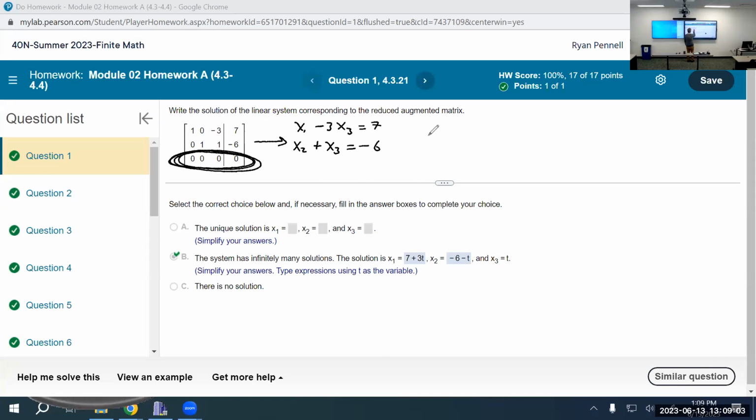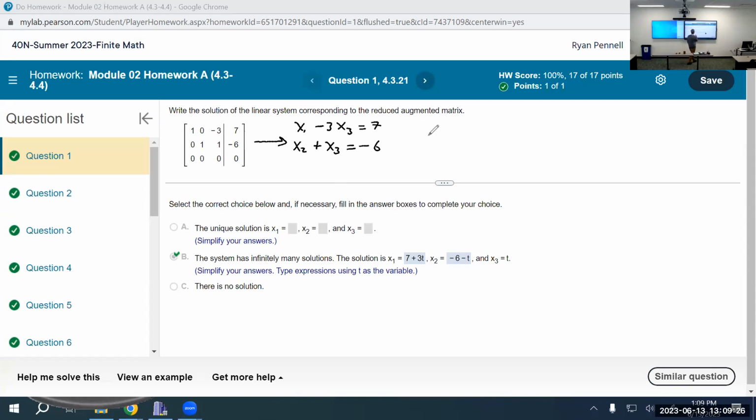This row of zeros pretty much solidifies that we will either have no solution or infinite solutions, because we have 3 variables and only 2 rows. To have a unique solution, we need at least as many rows as variables.